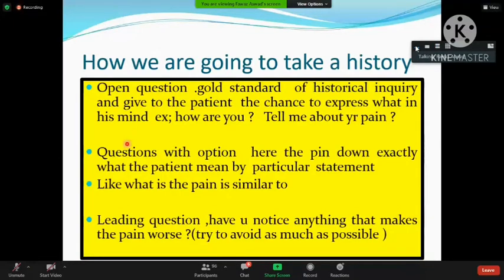Another type of question is the question with options, where the dentist gives different possible answers and the patient chooses. And also the leading type of question, which we should always try to avoid as much as possible.